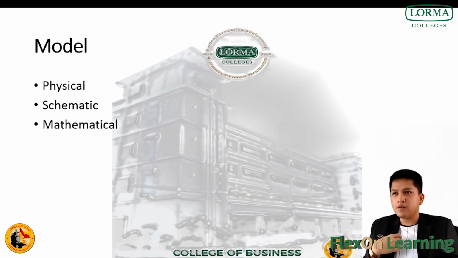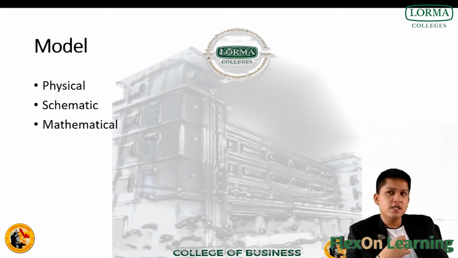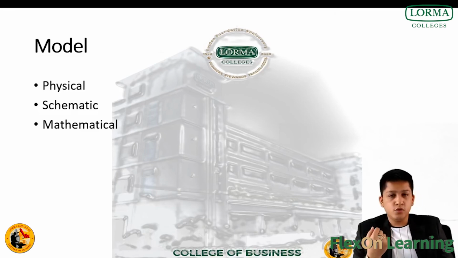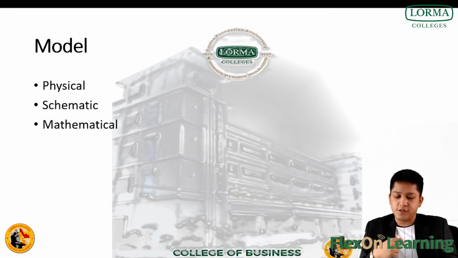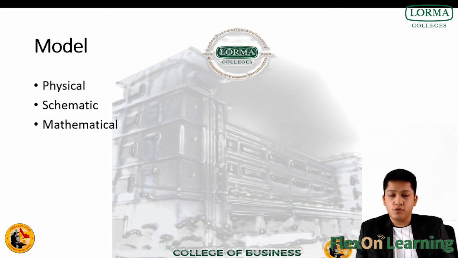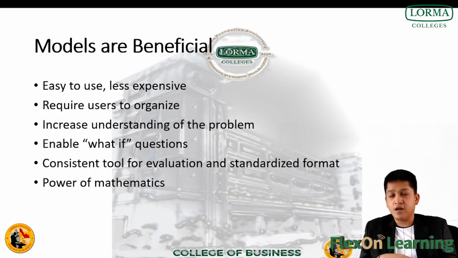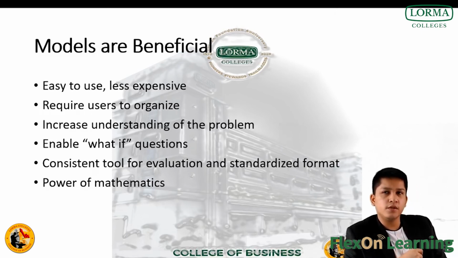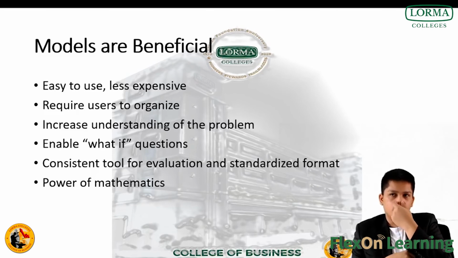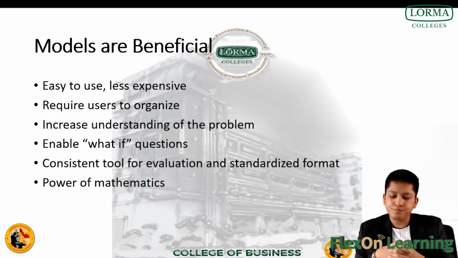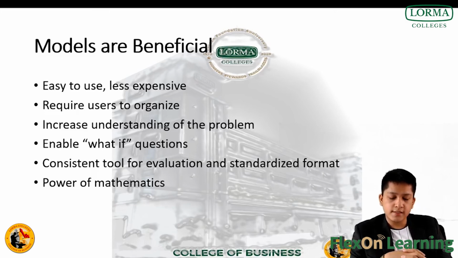Okay, when we talk about models, these are physical, schematic, and mathematical. Okay, operational models are usually used in operations. So what are the pros and cons of models? A model is beneficial because it is easy to use, less expensive, requires users to organize, increases understanding of the problem, enables what-if questions, is a consistent tool of evaluation, has a standardized format, and has the power of mathematics.